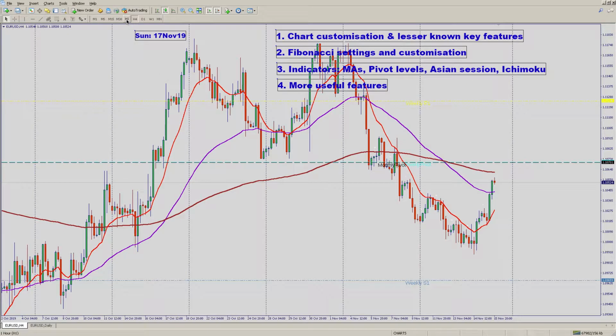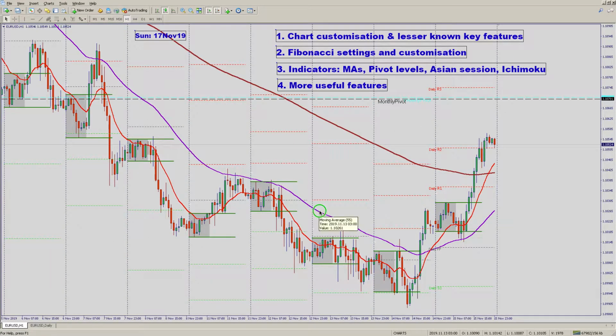Now, the main feature that I want to highlight here is that you can use different moving averages at different time frames. You can do that by using visualization.